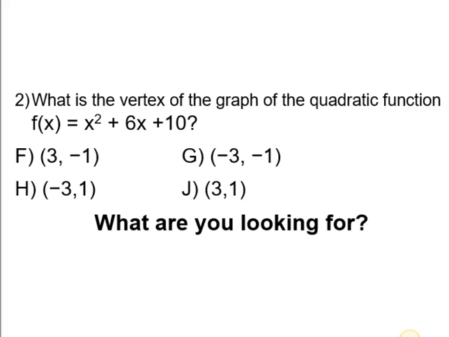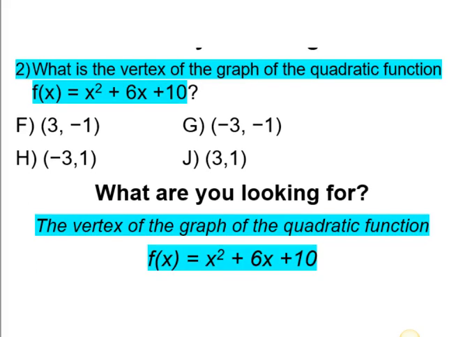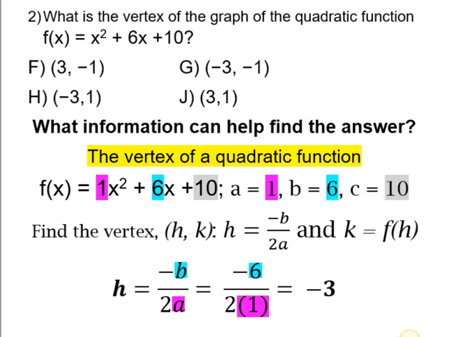What are we looking for? We are looking for the vertex of the graph of the quadratic equation f of x is equal to x squared plus 6x plus 10. What information do we need to find the answer?